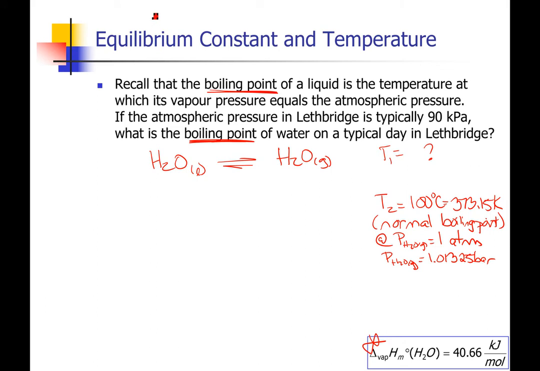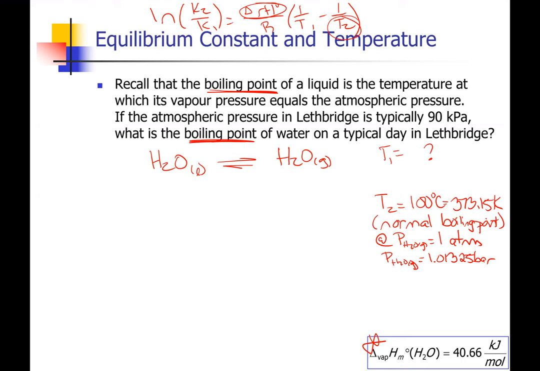If we think about what our equation looks like, we have the natural logarithm of K2 over K1 is equal to delta H naught over R times 1 over T1 minus 1 over T2. We've now got information about our enthalpy, and about one of our temperatures.